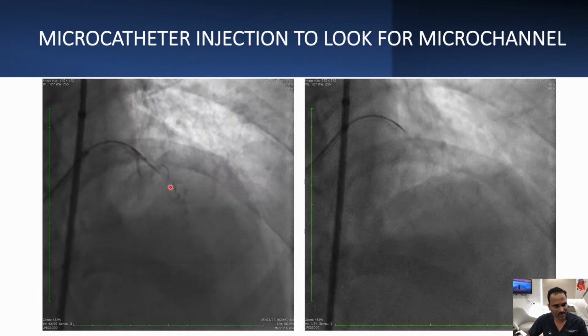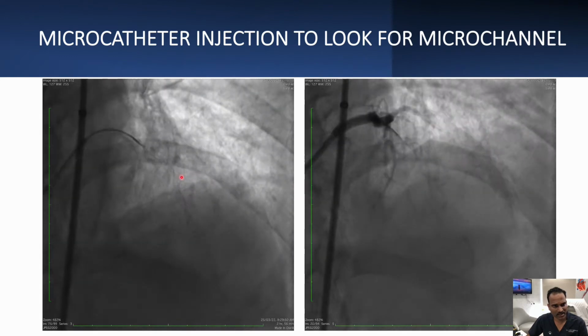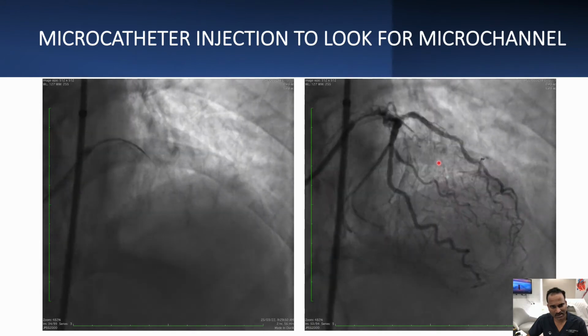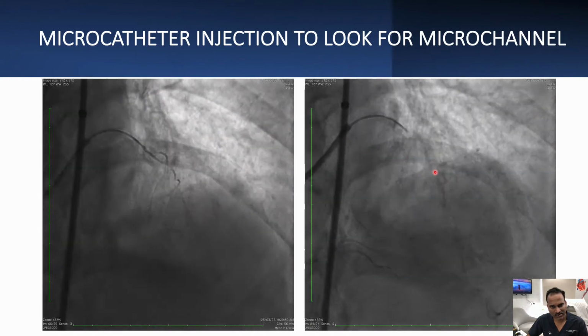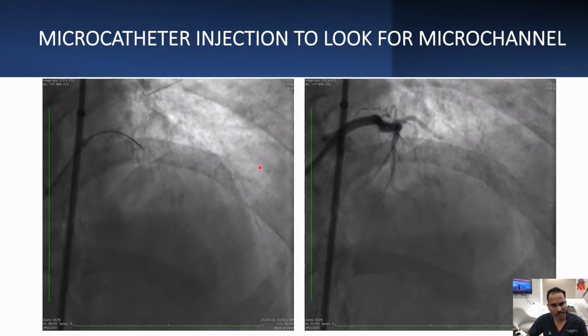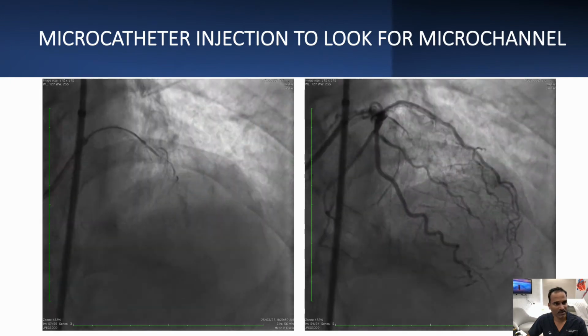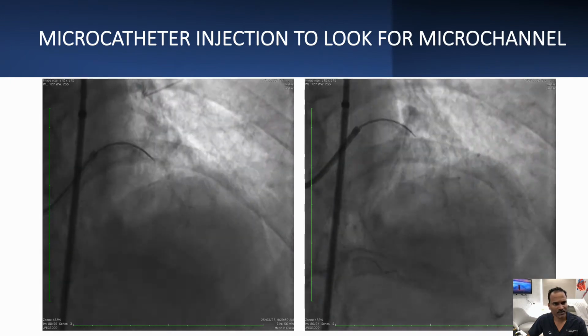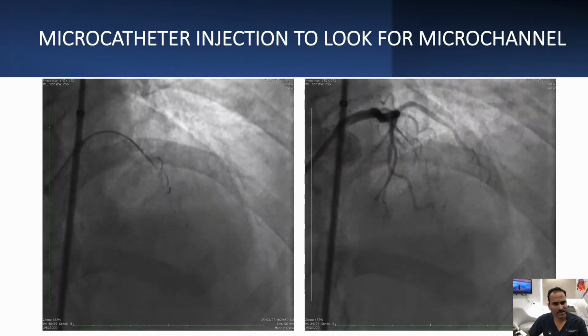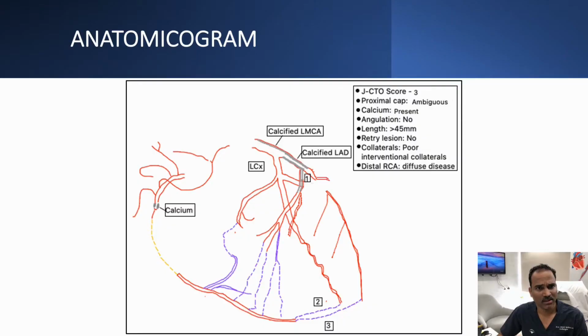What appeared as a microchannel is actually the diagonal, which is becoming a link between distal LAD and proximal LAD. So this is what happens. Many times microchannels may not be present, but it appears so in a non-selective injection.